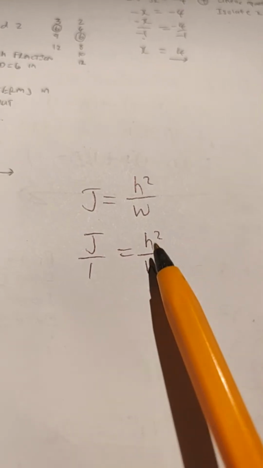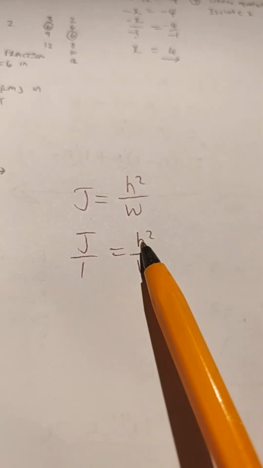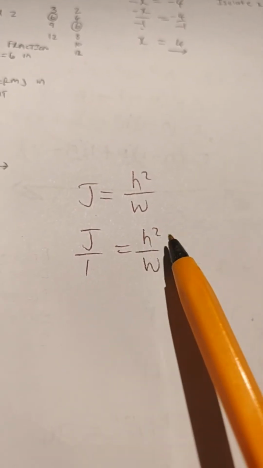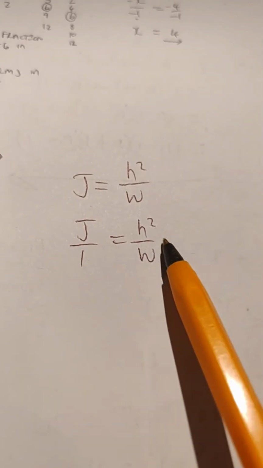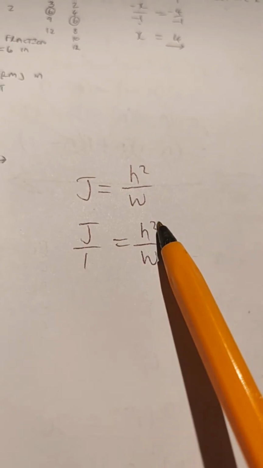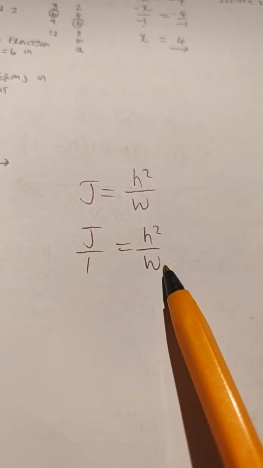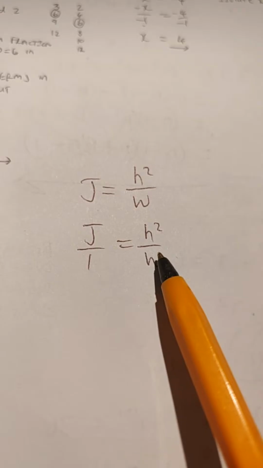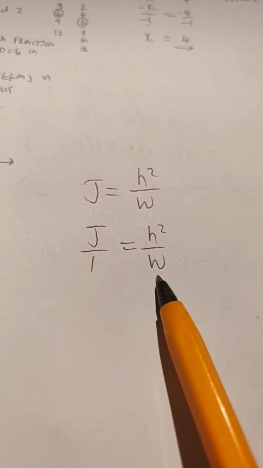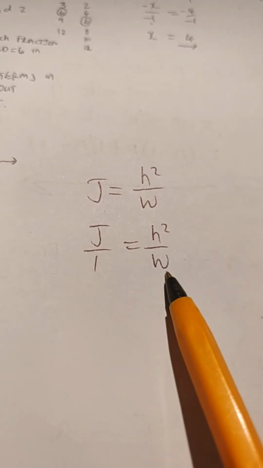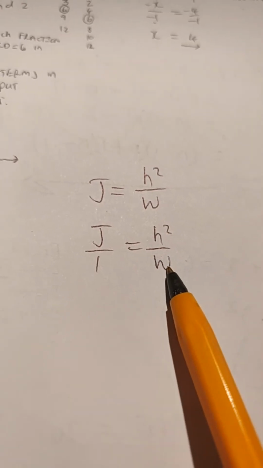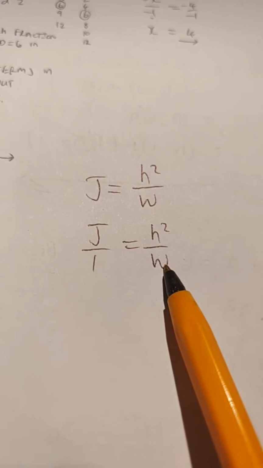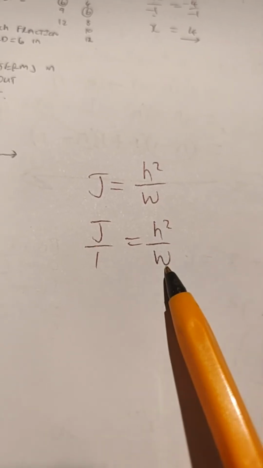So you want to isolate h. You want h to be on its own, because they are saying solve for h. But currently, what relationship does h squared have with w? H squared has a division relationship with w because the line here means divide. H squared is divided by w. Does that make sense, guys? I hope you understand that.